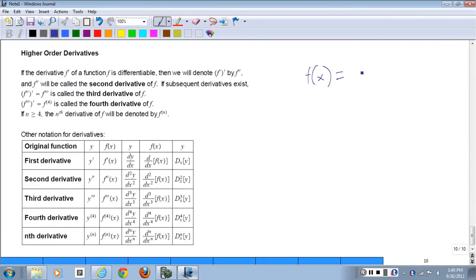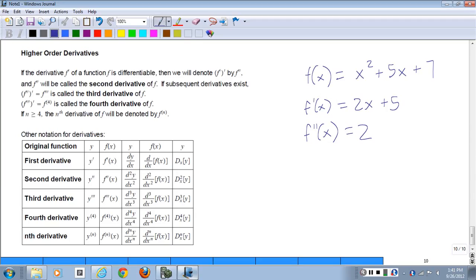Well, let's make one up. f of x equals x squared plus 5x plus 7. f prime of x would be one way to say 2x plus 5 for the derivative. And then if we want the derivative of that, we would denote that f double prime of x, and that would just be 2. We call it the second derivative of the original function f.